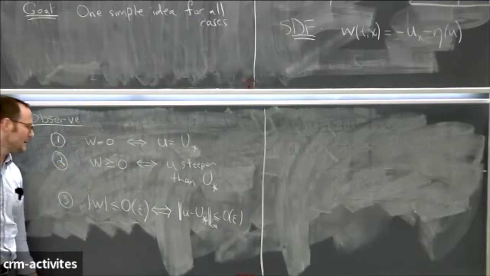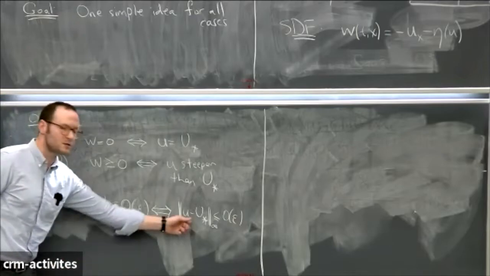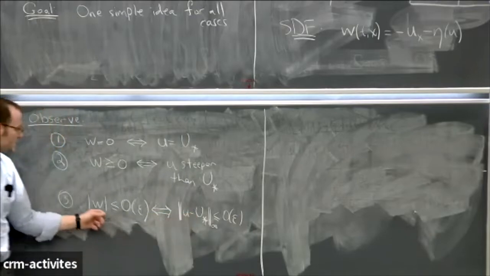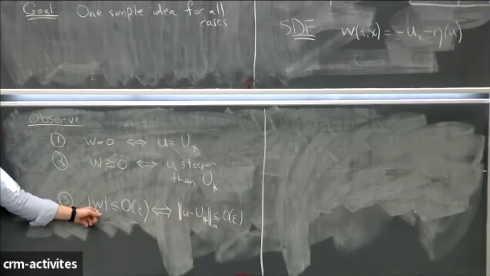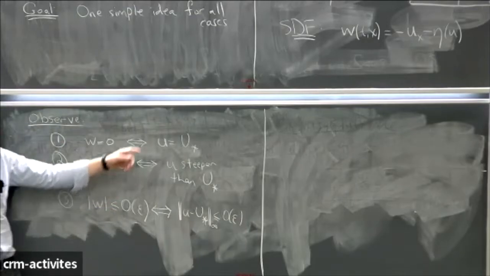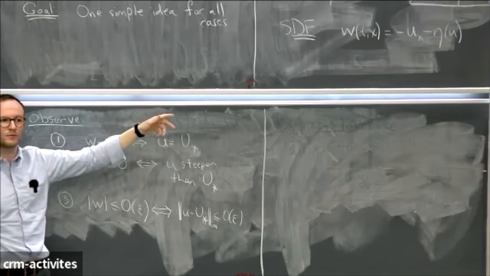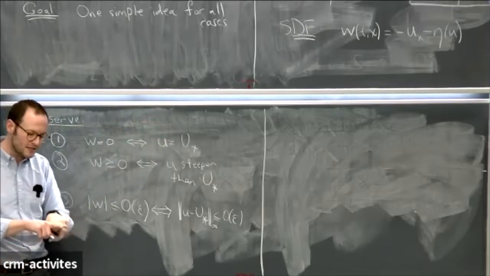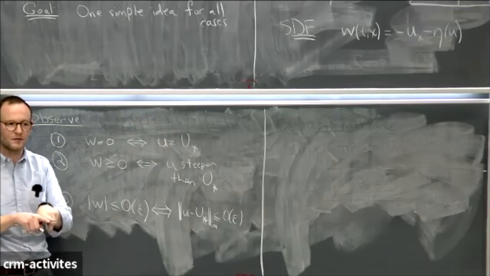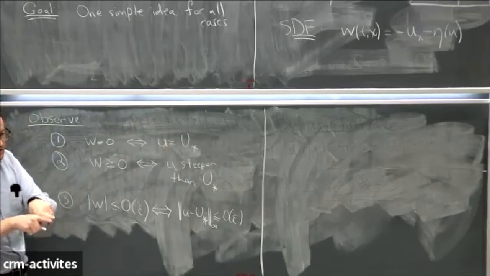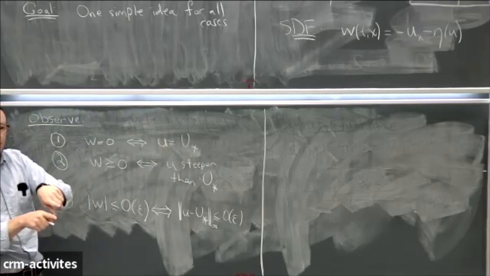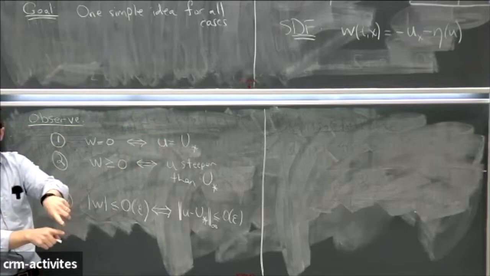And why should this be true? Well, think of w as being an error term that says u satisfies the same ODE as the traveling wave up to this error term little w. Now, if two things satisfy the same ODE, they're the same, just by uniqueness. But also, if you have a nice ODE, if two things start really close, then they'll stay really close.